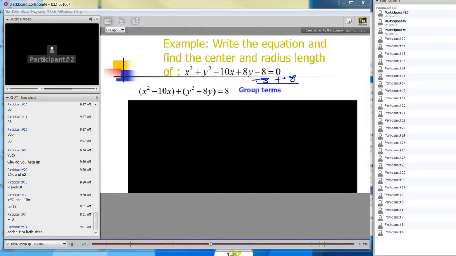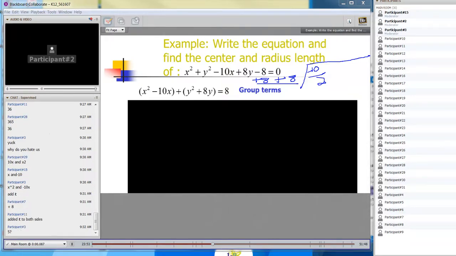Okay, we're going to take this 10, the negative 10, and we're going to complete the square with it. So I've got a little spot right here. So we're going to take this negative 10 and we're going to divide that by 2. When I take negative 10 and I divide by 2, what are we going to get?